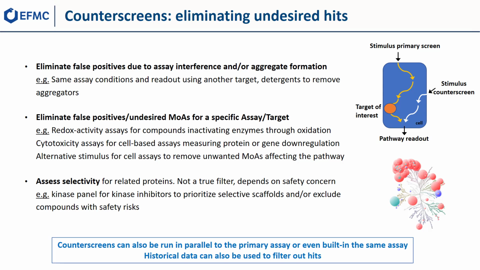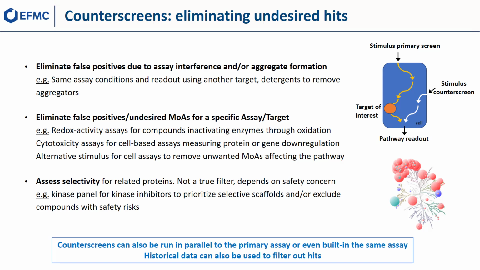You can also use detergents to remove aggregators. What you also want to do is eliminate false positives or undesired modes of action for a specific assay or target. For example, redox activity assays can be run to discard compounds that would inactivate an enzyme through oxidation.